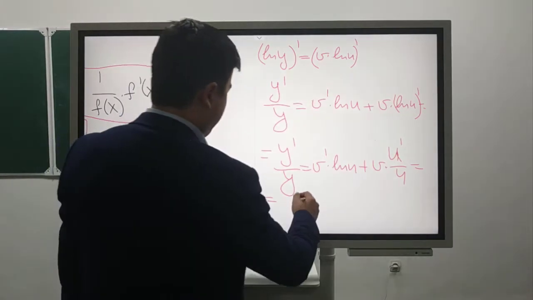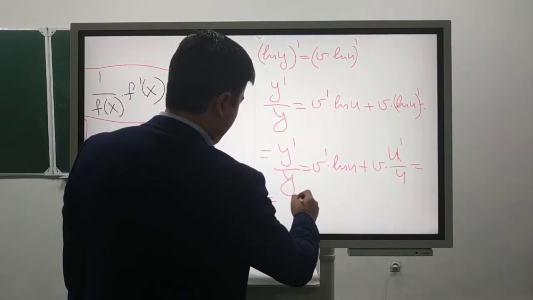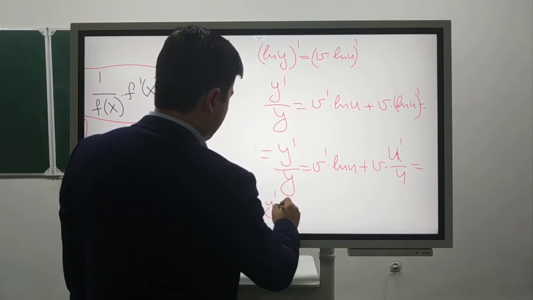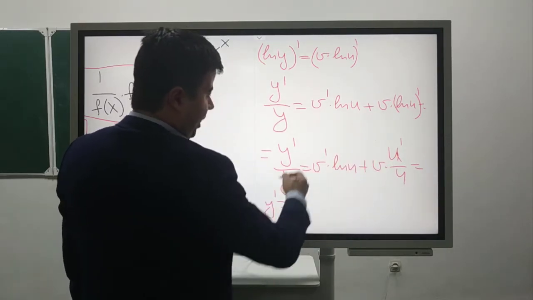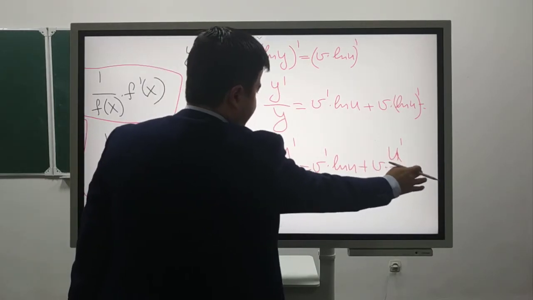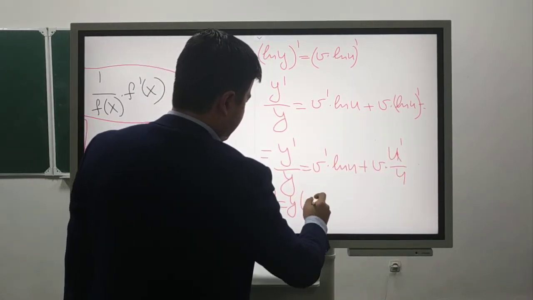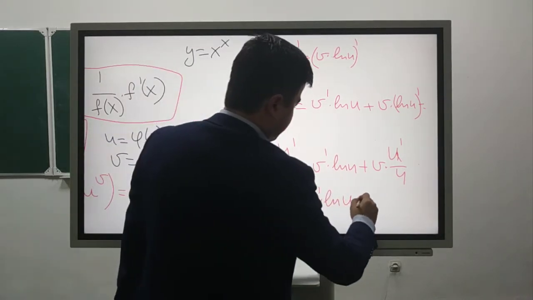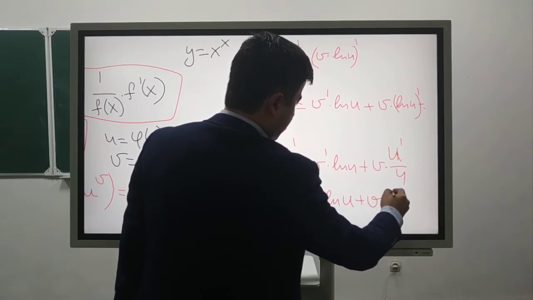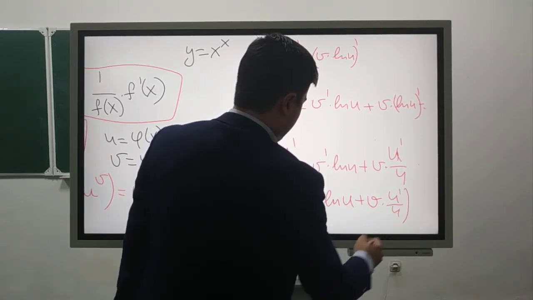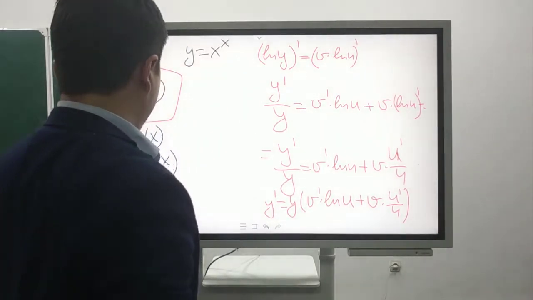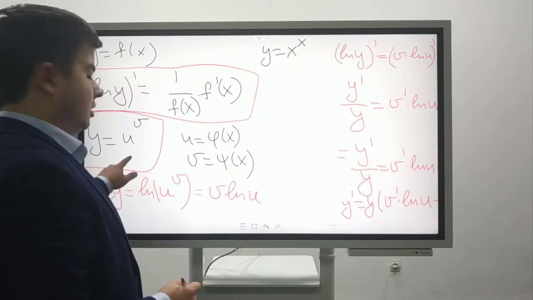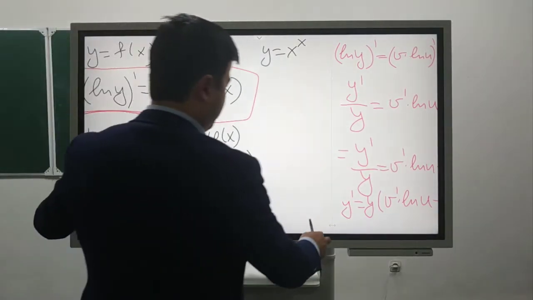So now y prime, we can write y prime as, multiplying y to the right side, y times v prime natural logarithm of u plus v times u prime over u. So now we can replace our y with u the power of v.